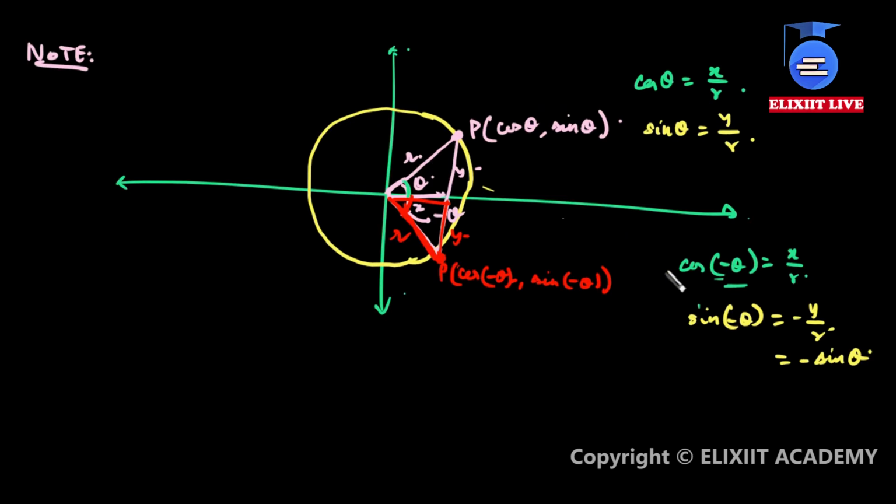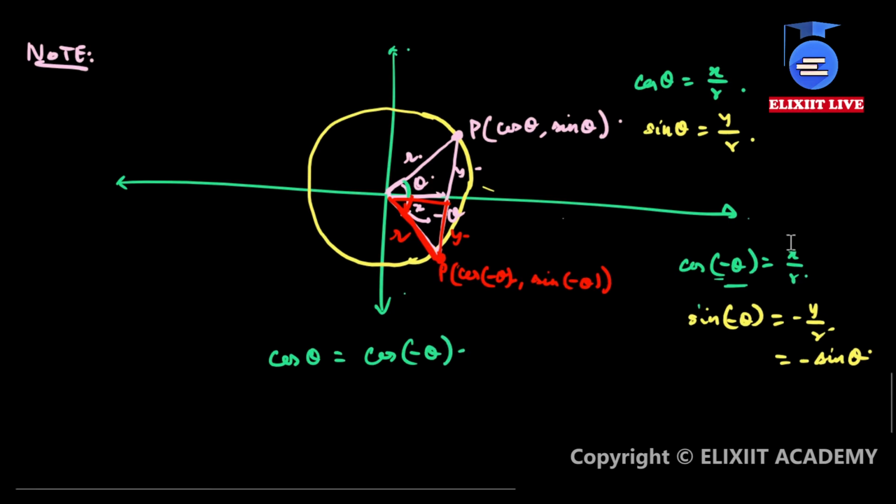This gives a very nice definition. As you can see, cos theta is not affected at any cost. Easily you can verify that cos theta is the same as cos of minus theta.